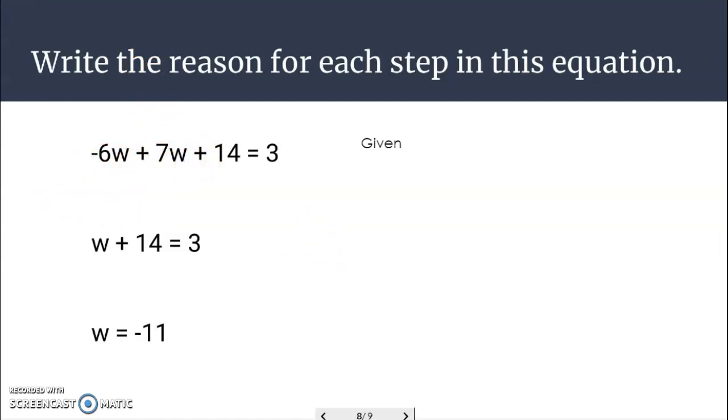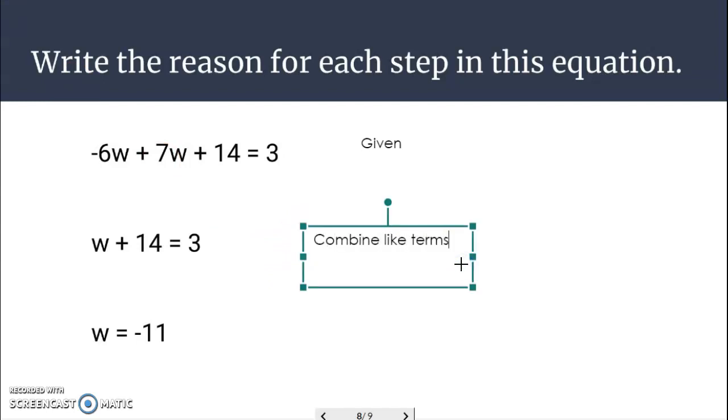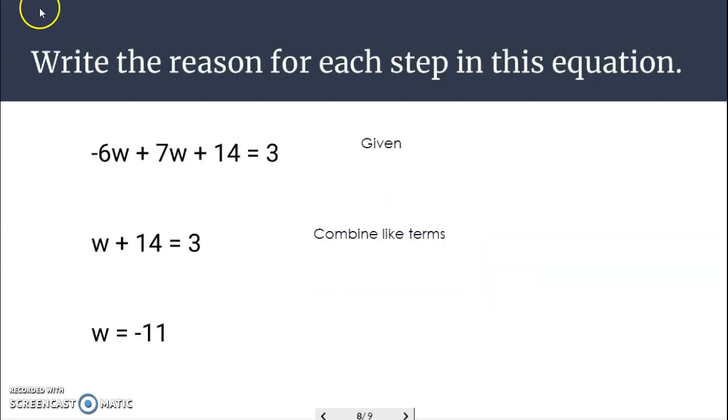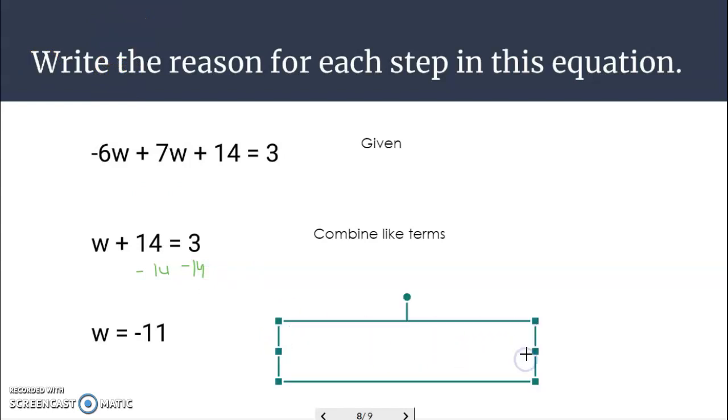The -6w and positive 7w came together to make 1w. So, combine like terms. And then you can see the step that happened here: taking away 14 from both sides. 3 minus 14 is -11. We applied subtraction, so this is the subtraction property of equality.